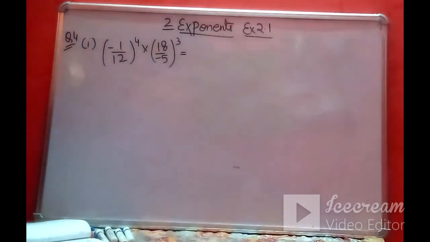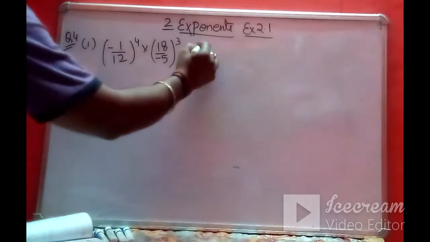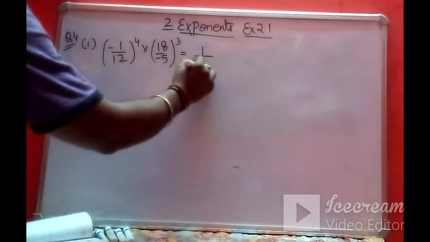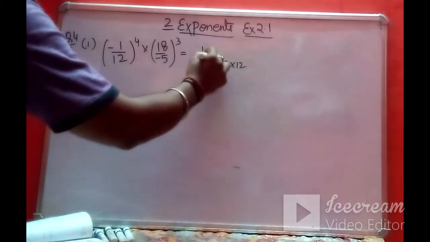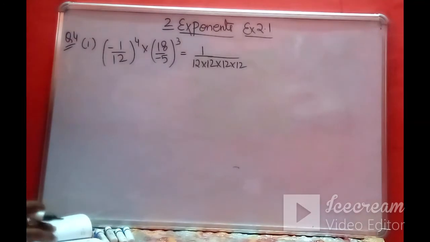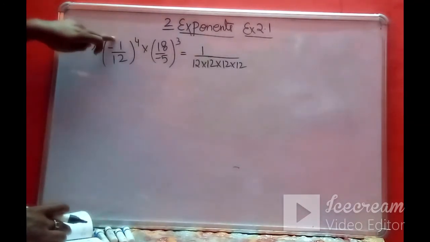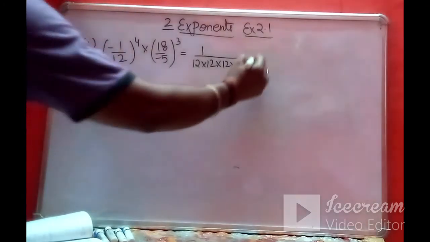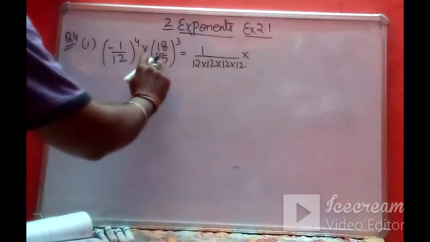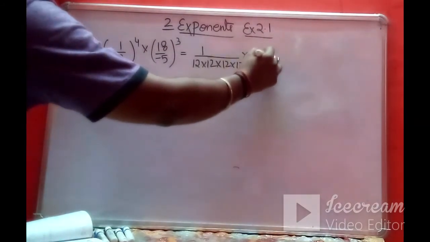Now as I have told you, whenever we have a negative number and the power is even, we can simply write it like this. 12 we can write 4 times and the answer will be positive. And if you write 1 4 times, then again you will get the answer as 1. So 1 having any power will give you 1. Then this is a negative number and the power is odd, so you will always get the negative sign.